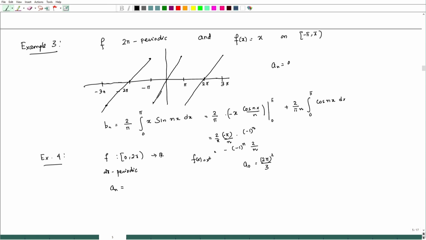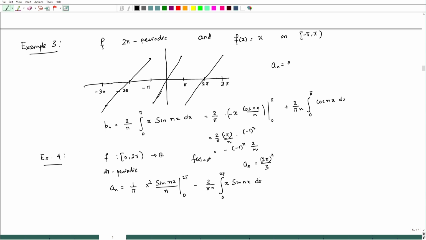If you do integration by parts, in the first one what you are going to get is 1 by pi, then x square, then sin n x by n, from 0 to 2 pi, that will go away, and then minus 2 by pi n, the integral from 0 to 2 pi of x sin n x dx.